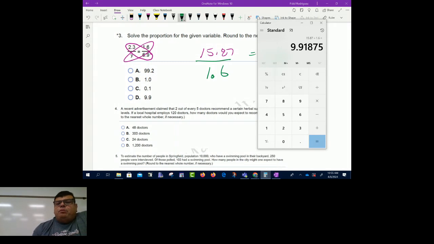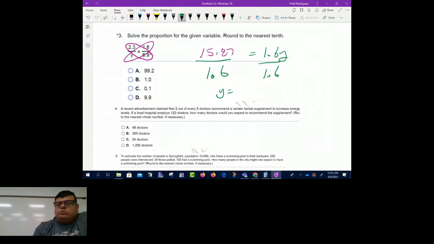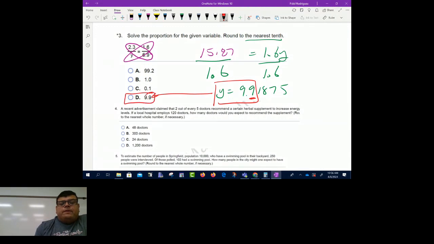All right, 9 point, a whole bunch of stuff there. So look, y'all, I'm coming up with y equals 9.91875, right? Now it says round to the nearest tenth. The nearest tenth, y'all, means 1 decimal place. So we would look at 9.9. Boom. There's my answer. Okay.